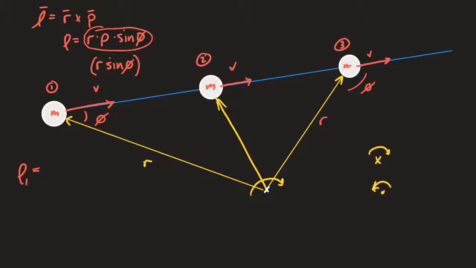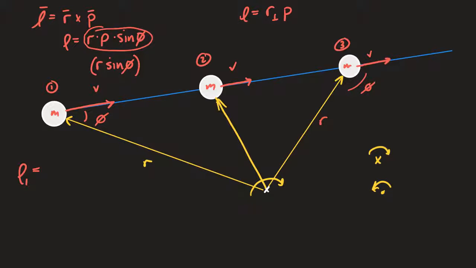Now, that being said, do you realize that the reason r sine theta works is it's always pointing to the same place? Let me get rid of all this green I've written in here. In all of these cases, the actual angular momentum could be written as r perpendicular times the momentum.